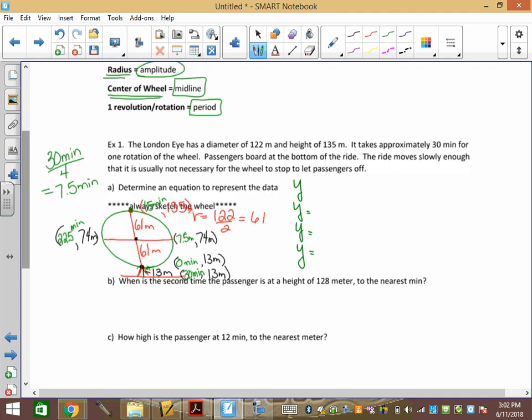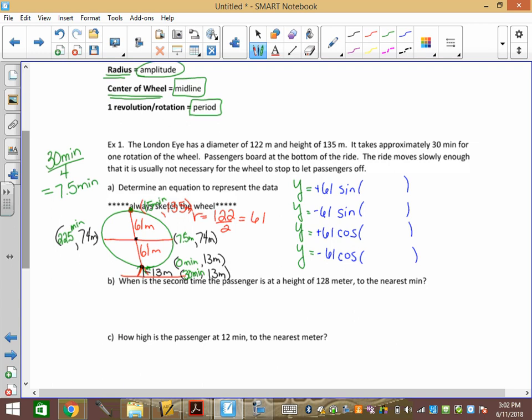What's my amplitude? It's the radius, 61. So plus 61, minus 61, plus 61, minus 61. Sine, sine, cos, cos. Okay.